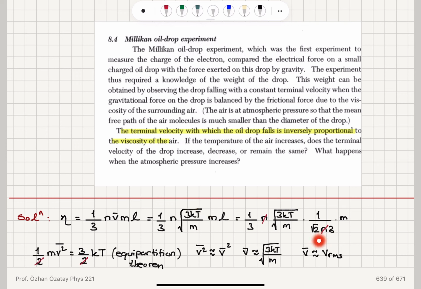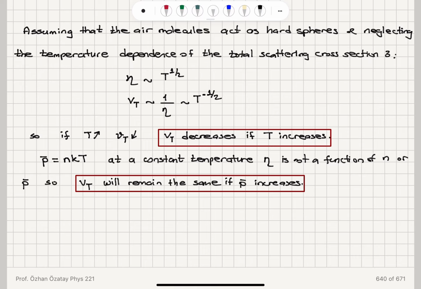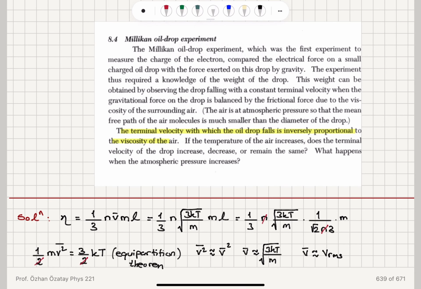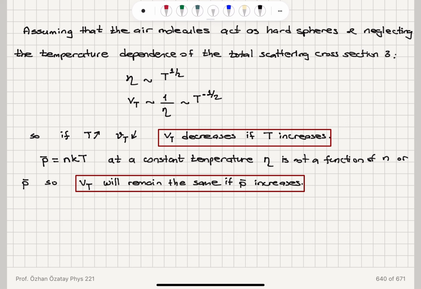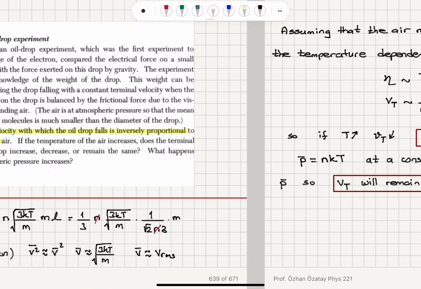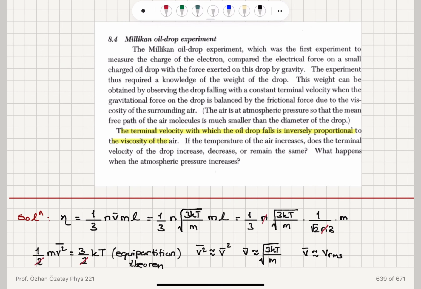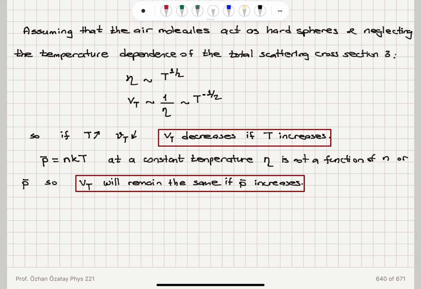For L, I have 1 over square root 2 n sigma. The n's cancel. And therefore, I will see that the viscosity of the air is proportional to T to the 1/2 if I assume that the air molecules are acting as hard spheres and there is no temperature dependence of sigma. So sigma is approximately temperature independent.